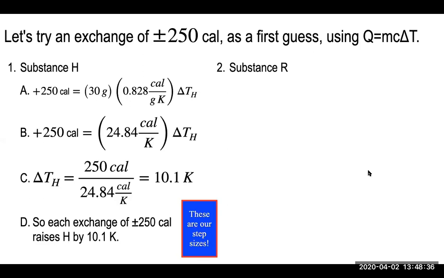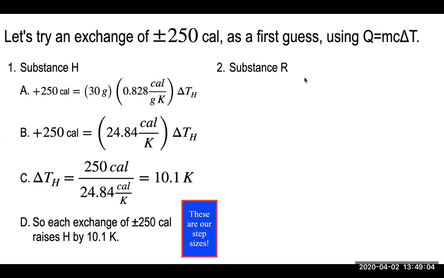We have a temperature gap of 117, from 805 to 922. If we exchange in bundles of 10.1 Kelvin, we can cross the gap without doing a huge number of steps. But let's figure out what substance R is. Substance R might be a little too small. Let's figure it out.